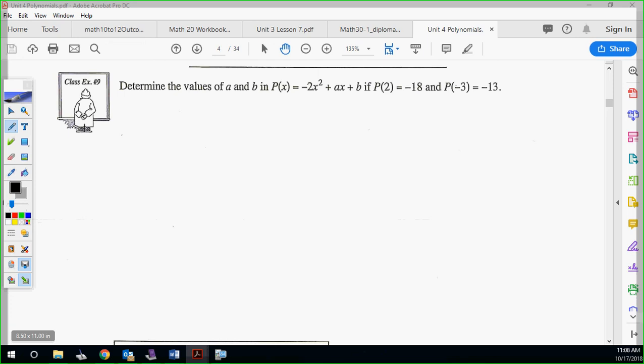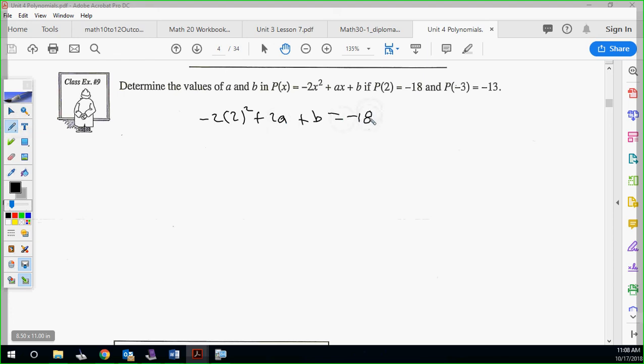If p of 2 is negative 18, so that means the first equation I'm going to have is negative 2 times 2 squared plus 2a plus b. Not 2x, sorry. I put 2a, thank you. And the whole thing equals negative 18.